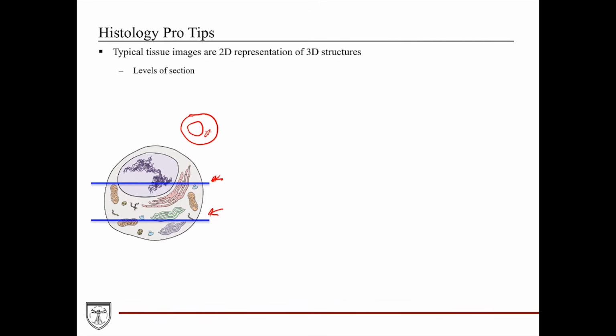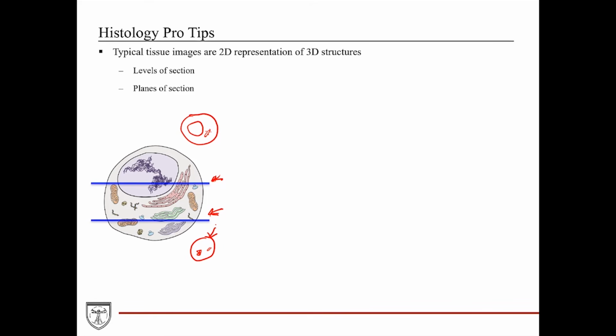But with this cross-section, we'll probably see a circle with maybe a mitochondria and maybe a smooth ER. But that does not mean that this one doesn't have a nucleus. So we need to be mindful of the representation of that single cross-section through a 3-dimensional structure.